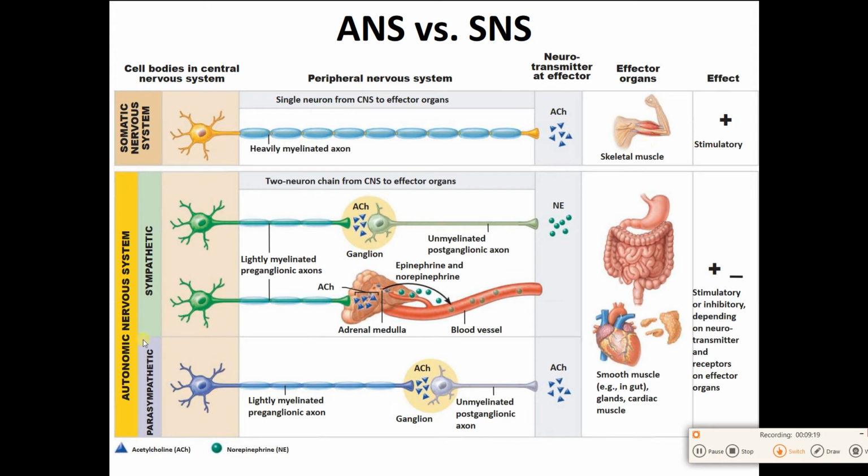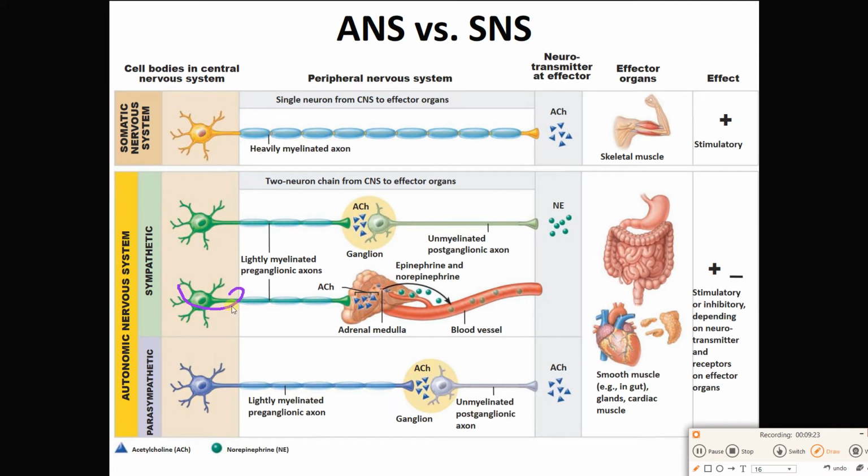Now, the autonomic nervous system, I want you to ignore this part for now. We'll hit this later. The autonomic nervous system, they're showing you both ways, both the sympathetic, the fight or flight one, and the parasympathetic, the rest and digest. And I'm not too worried about the differences between those two yet.